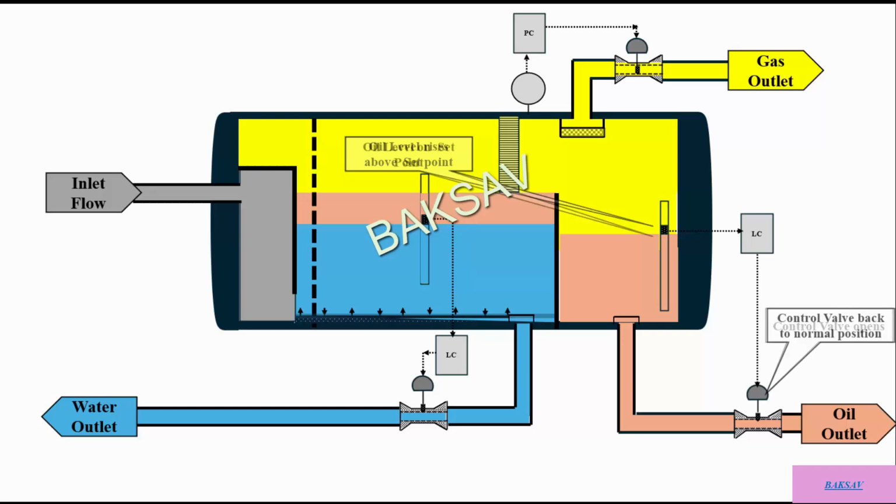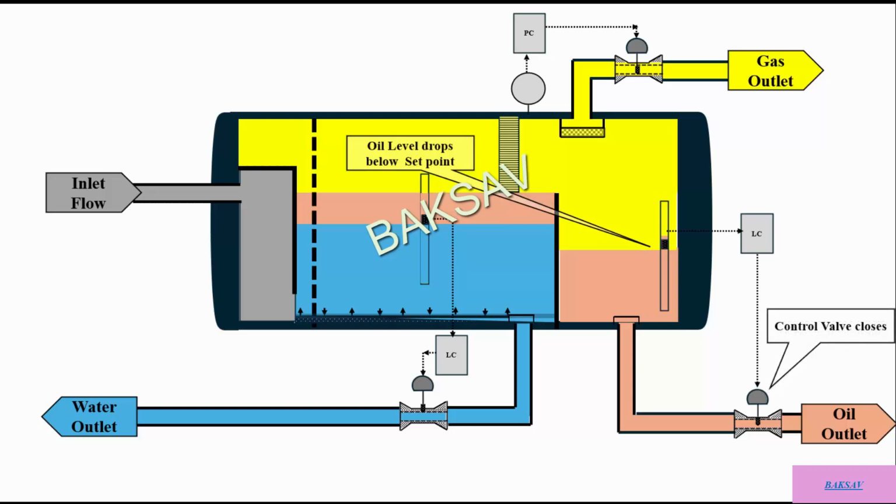In this way, separated oil is released from the separator to ensure the continuous oil separation process. If the separator oil level drops, which happens if the volume of separated oil reduces, the oil level controller closes the oil level control valve until the oil level rises and returns to the set point.